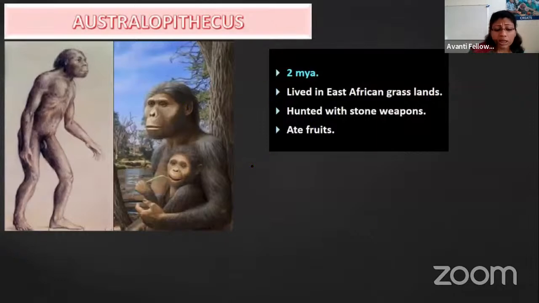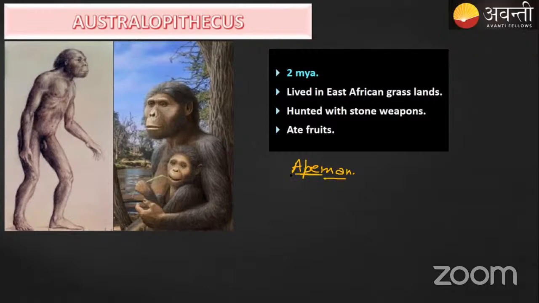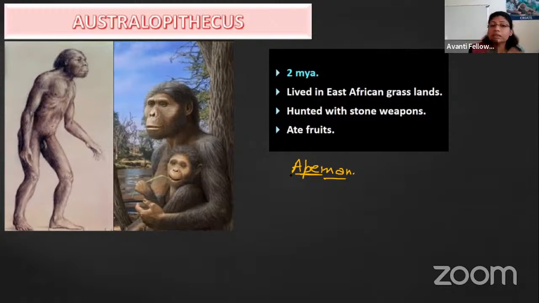Okay. Now, if we go further, these Australopithecus are ape men. They were called ape men, and they were a connecting link between the ape and the man. Why are they called ape men? Because some of the habits were just like the apes, like their walking structure, walking features, their eating habits.